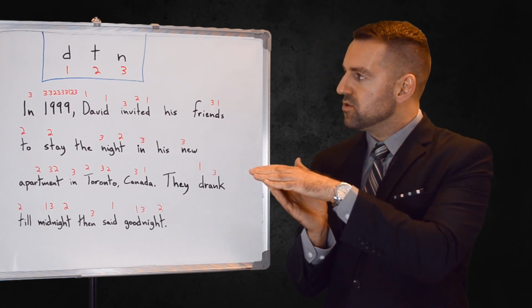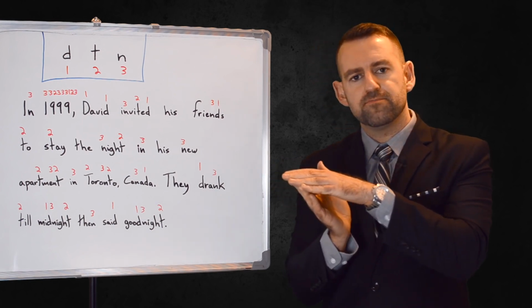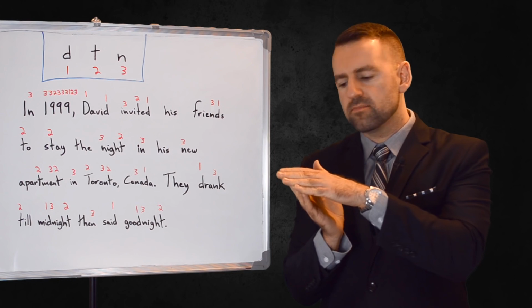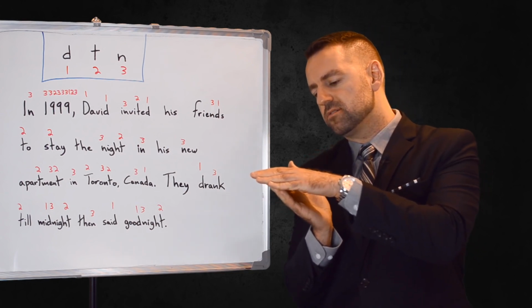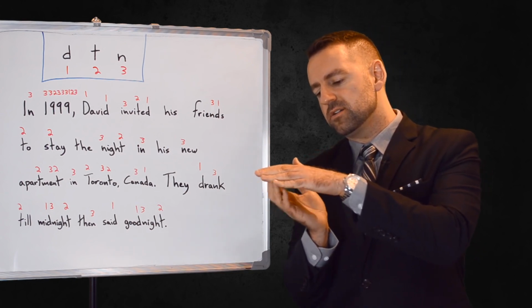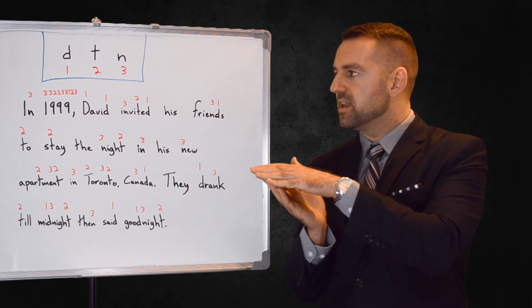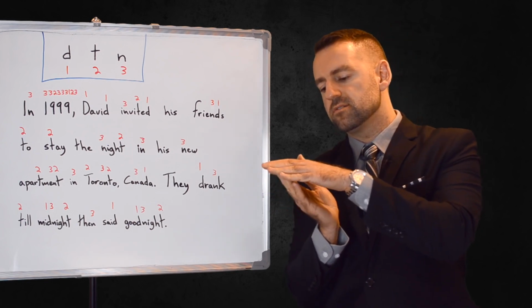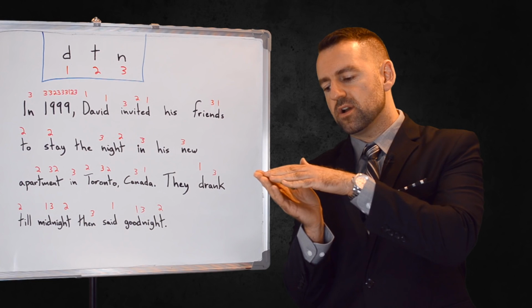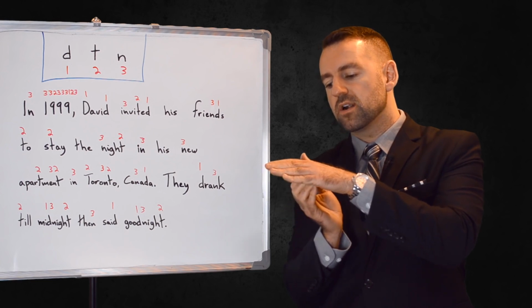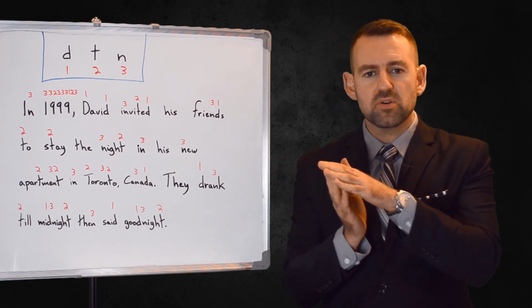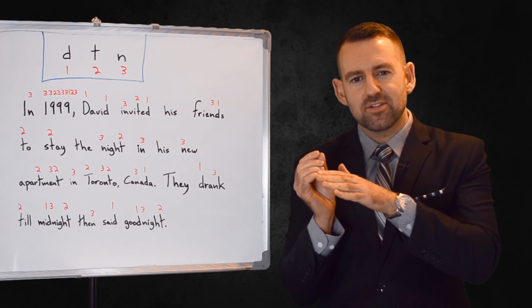Okay. Also for t, it's the exact same place, t, t. It's not t, it's not t. And n, n, n. It's not n or n. So keep your tongue in the middle.